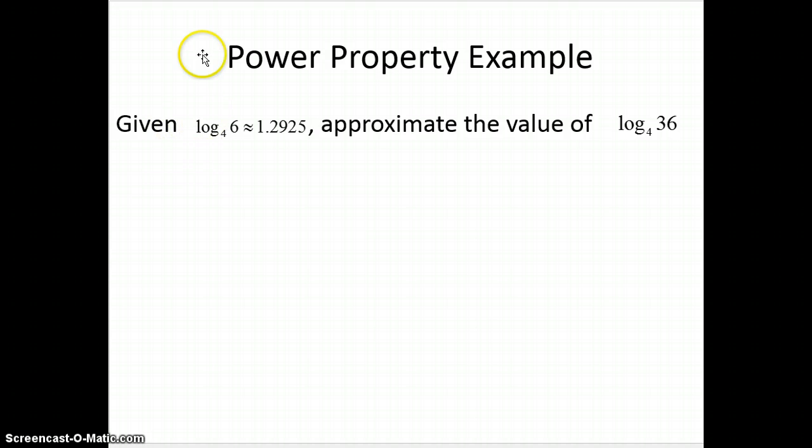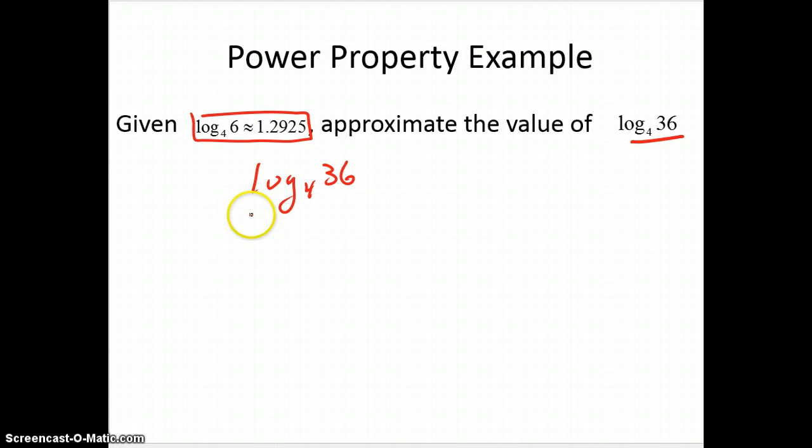So given log base 4 of 6, that's what we're given, we're trying to find this value. So I would start with that value, and again I'd ask myself, how are these kind of related? How can I use what's given to get here? 36 and 6 makes sense to say, let's rewrite it as 6 squared. And when I rewrite it as 6 squared, using that power rule, I can take this guy and represent it out front.